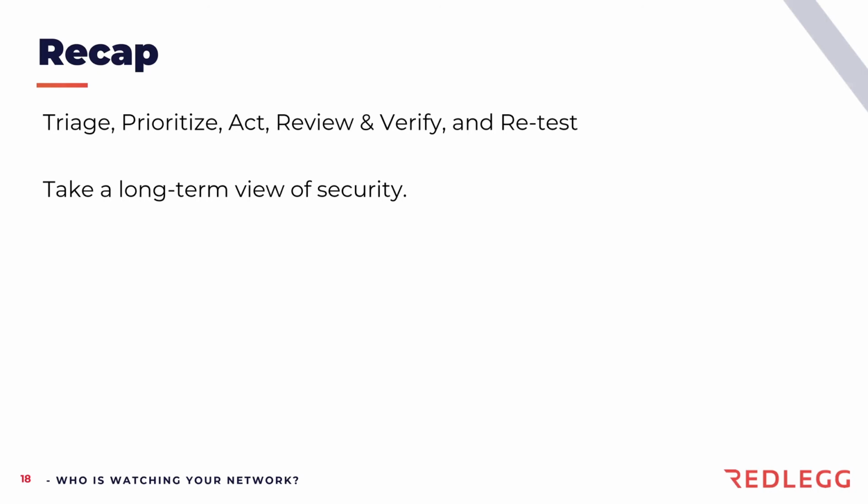What you'll want to do with that report is triage, prioritize where you're going to do your remediations, remediate, and then review the remediation process to make sure that everything appears to have worked properly, and then of course verify that by doing retesting.